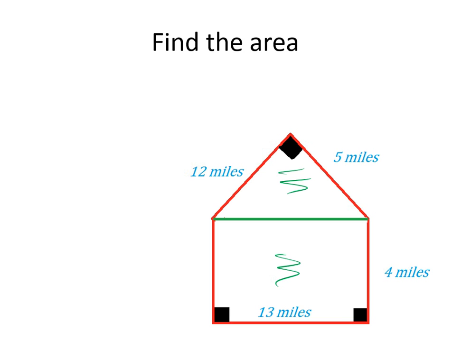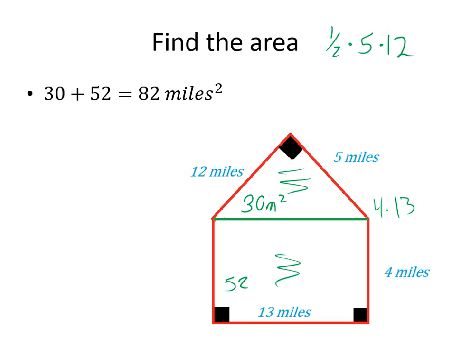And so the area of the triangle would be 1/2 times the base, which I'll say is 5, multiplied by the height, which is 12, which ends up getting us about 30 miles squared. And then the rectangle would be 4 times 13, which gets us about 52. And so then we would add those two together to get our answer of 82 miles square, or square miles.